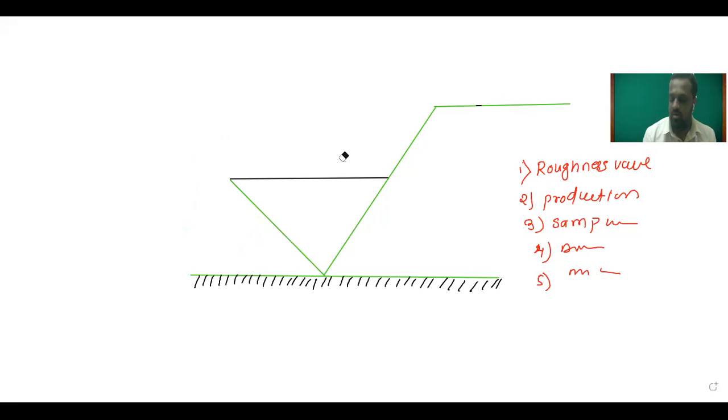Suppose in that symbol I have written down values here. Then please tell me what is the meaning of this symbol right now.